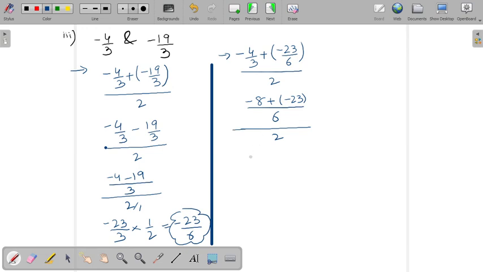So minus 8 and minus 23 is minus 31 upon 6, whole upon 2. So minus 31 upon 6 and it will become 1 by 2. So minus 31 by 12 will be one of the rational numbers.